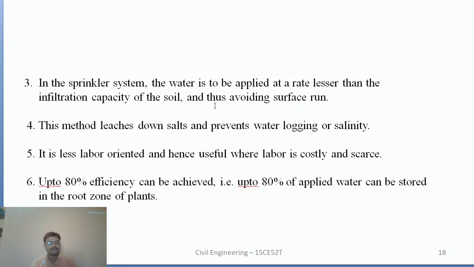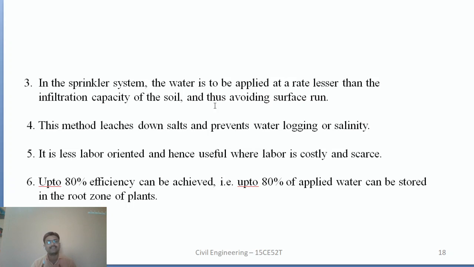Third one, in the sprinkler system of irrigation, water is applied at a rate lesser than the infiltration capacity of the soil, thus avoiding surface runoff. So what is surface runoff? If the water is more, the roots will absorb whatever water is needed, and the extra or surplus water will run off.